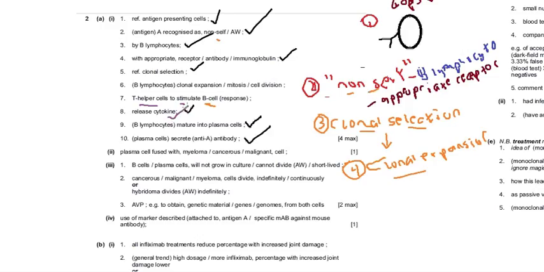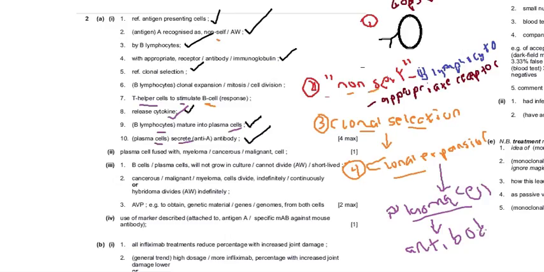The B lymphocytes mature into plasma cells, these clones mature into plasma cells, and these are the cells we want. And these plasma cells secrete antibodies. I hope I was clear with what I just said.